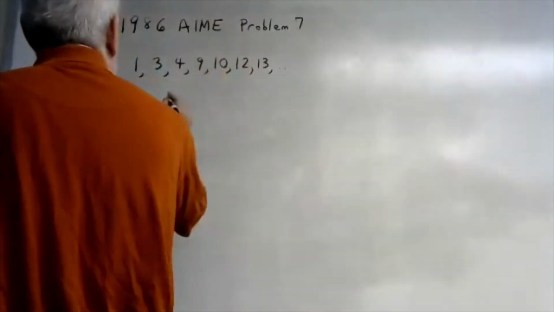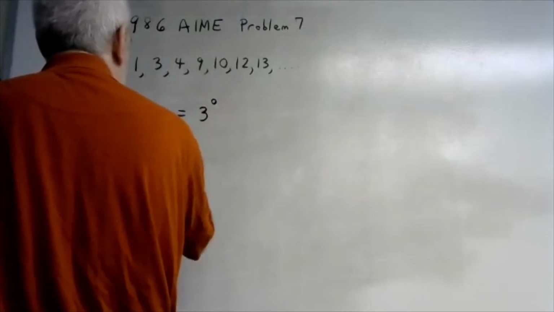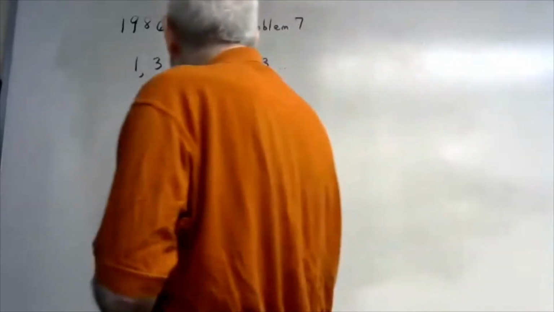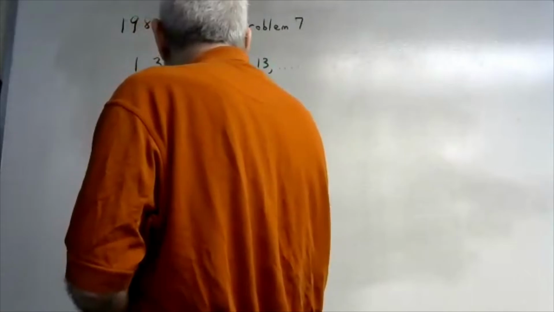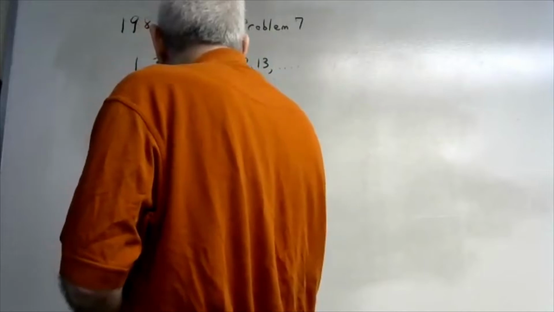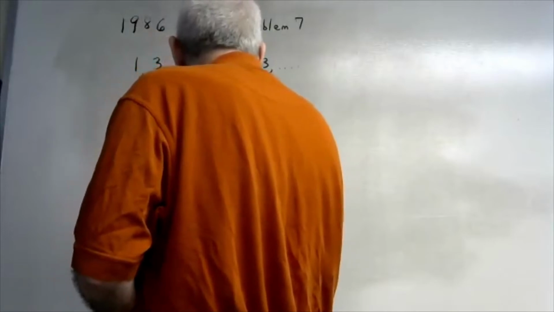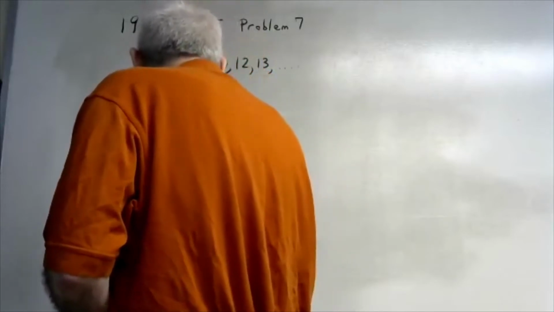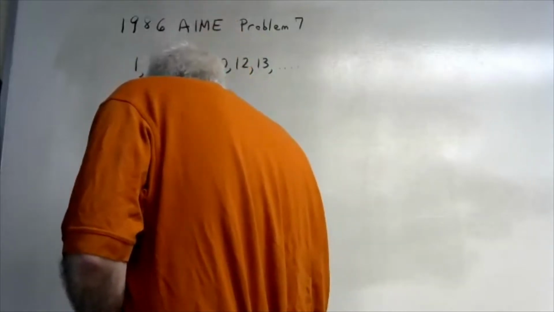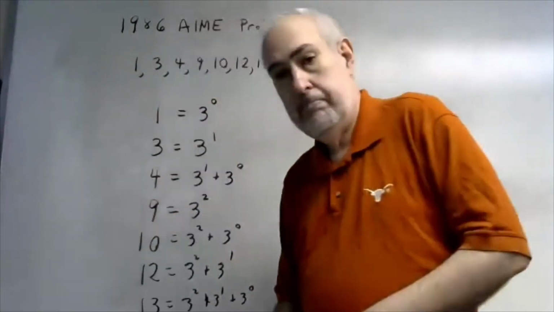First, let's explore these numbers. 1 is 3 to the 0, 3 is 3 to the 1, 4 is 3 to the 1 plus 3 to the 0, 9 is 3 squared, 10 is 3 squared plus 3 to the 0, 12 is 3 squared plus 3 to the 1, and 13 is 3 squared plus 3 to the 1 plus 3 to the 0.